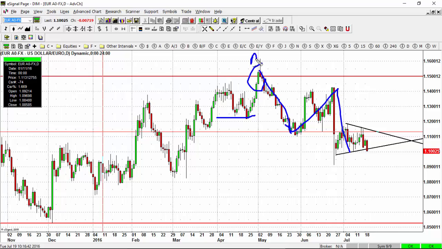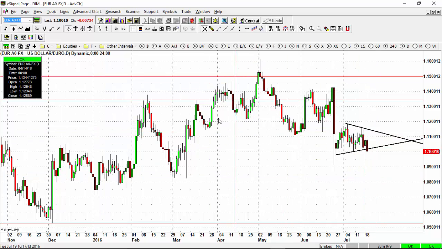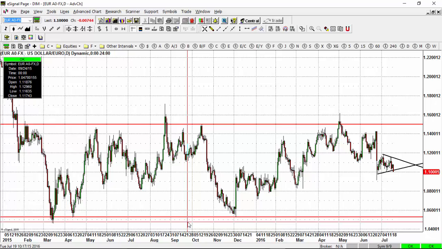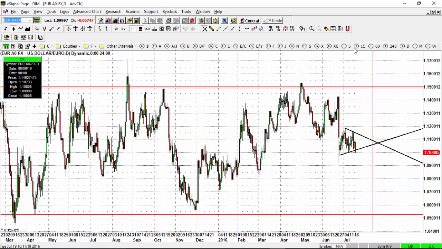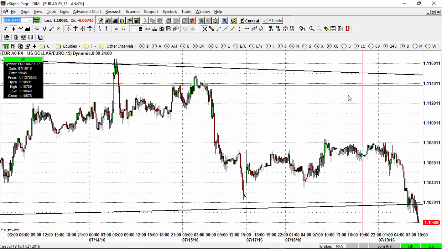So if we say this is A, B, C, D. And for any of you who have been on my webinars, you know that we pay particular importance to what price action is telling us, and we're not trying to guess the direction of the market. We're just looking at the momentum that prices have at this point in time. Okay, so that's what's happening with the euro currency. Over the next week, couple of weeks, days to couple of weeks, we could see this market move further to the downside.